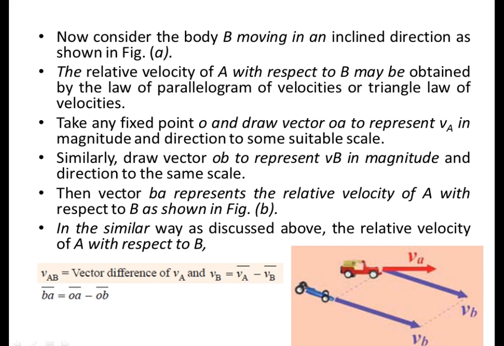VA has one direction and VB has another direction. In the figure, the red color shows velocity VA in one direction, and B has a different direction. Even the magnitude is different, and the direction is also different.